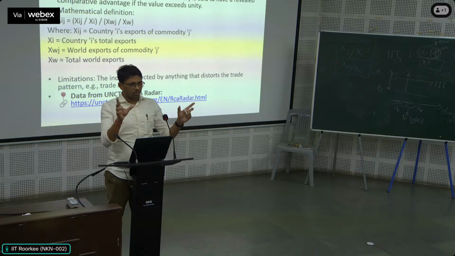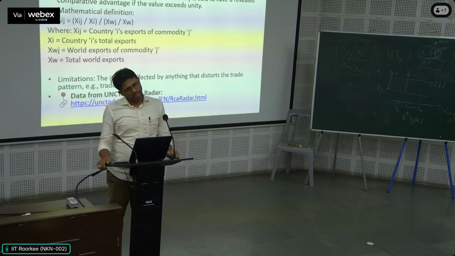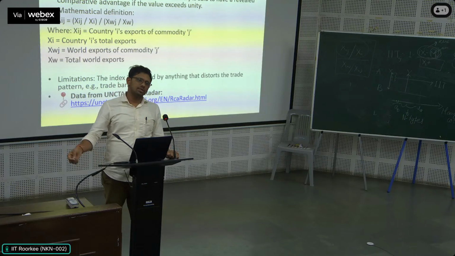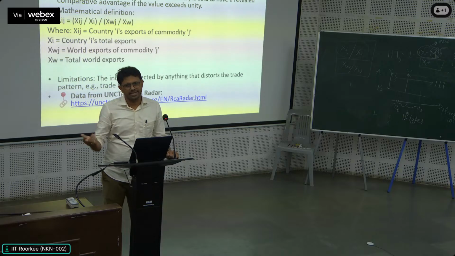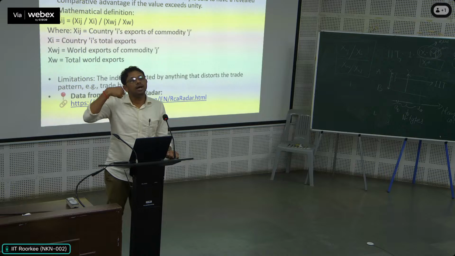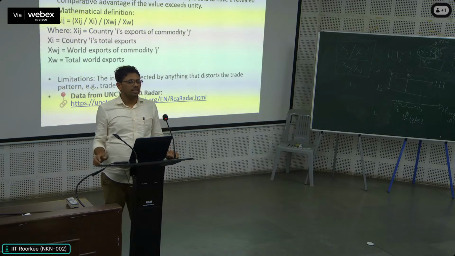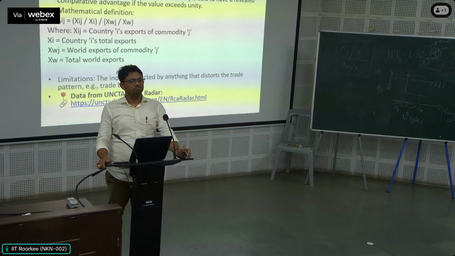I am actually trying to calculate the extreme values. India is exporting detergent. India is also importing detergent, and their values are more or less the same. So what is the meaning of it? That means we are having 100% intra-industry trade in that segment or in that product unit.